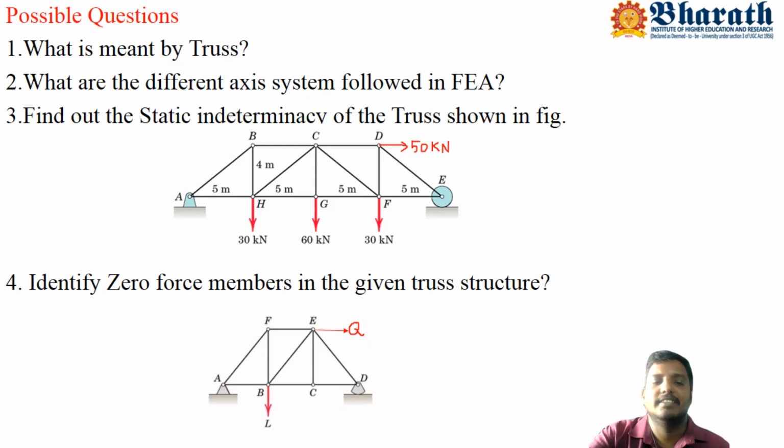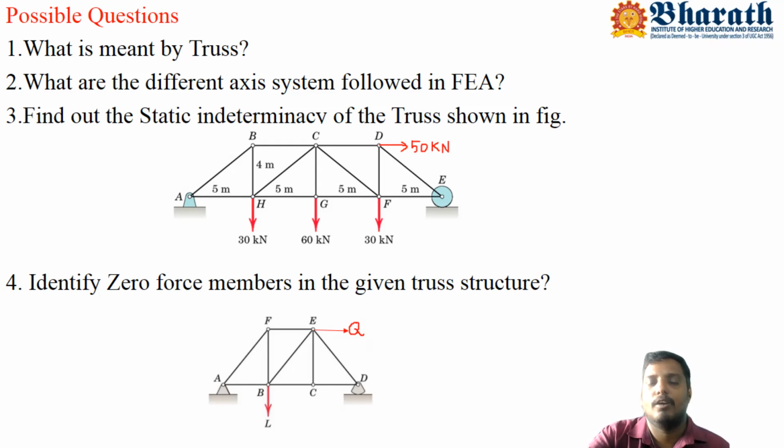Here, joint A is a hinged support that will offer two reactive forces, but joint E has only a roller support, which will offer only one vertical reactive force. Therefore, the reactive force from the supports is 3, then 3 minus 3 is equal to 0. Therefore, this structure is externally determinate. Then how do you calculate whether the structure is internally determinate or indeterminate?